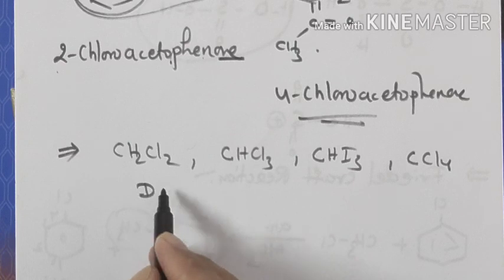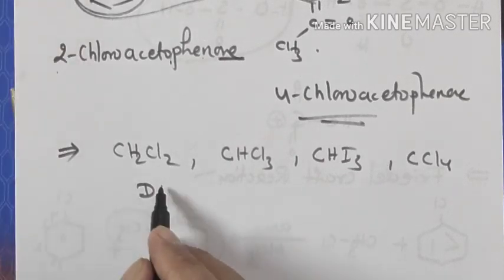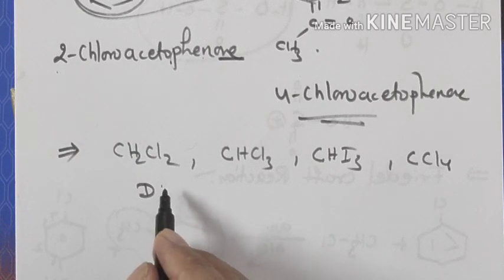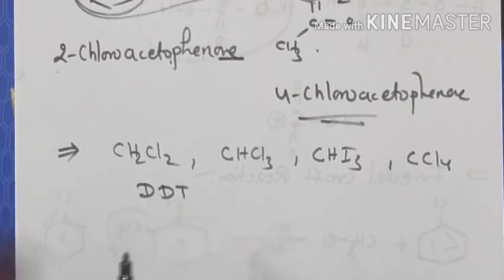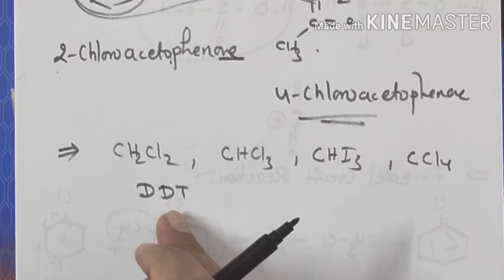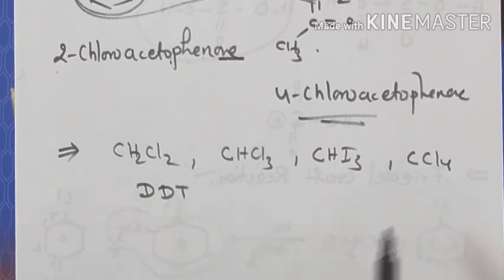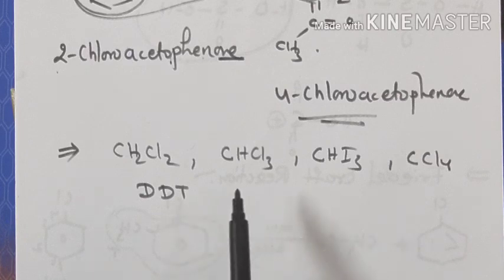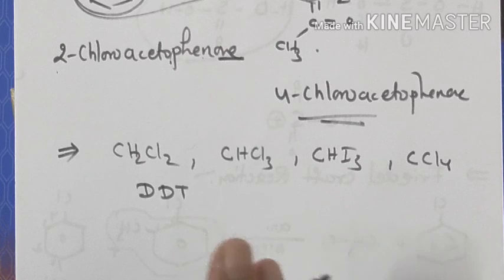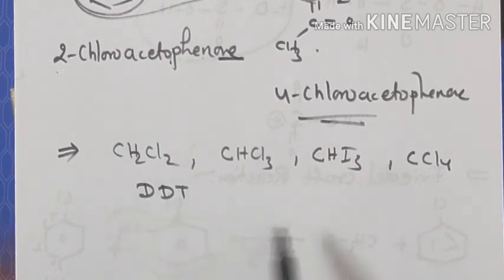Or DDT. Okay, so these are some compounds of alkyl halides, and there are lots of uses of these. So your homework will be, right, you have to study the uses of these.